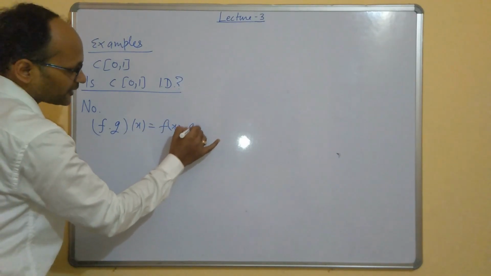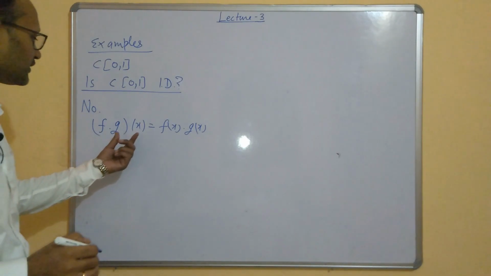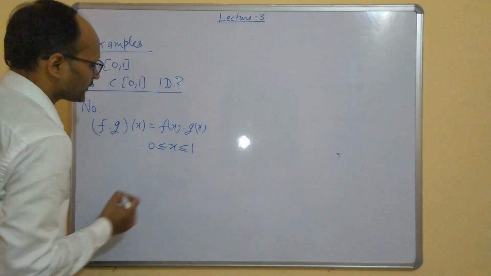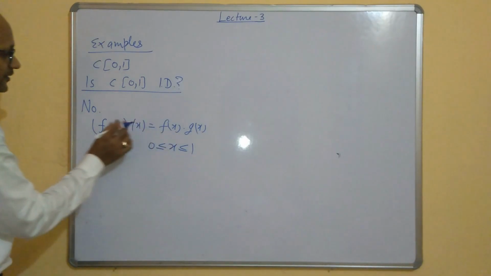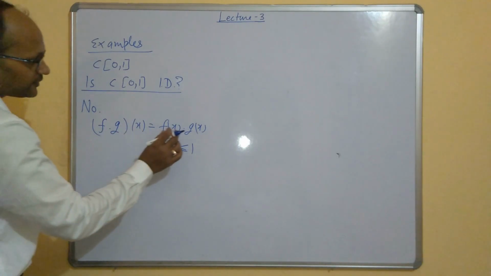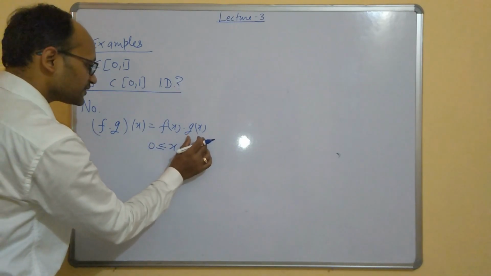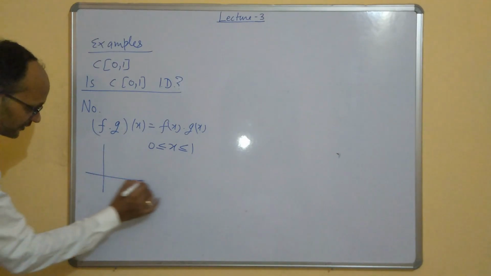And x is varying from 0 to 1. If we take a continuous function f(x) such that whenever g(x) is 0, f(x) is non-zero, and whenever g(x) is non-zero, f(x) is 0.